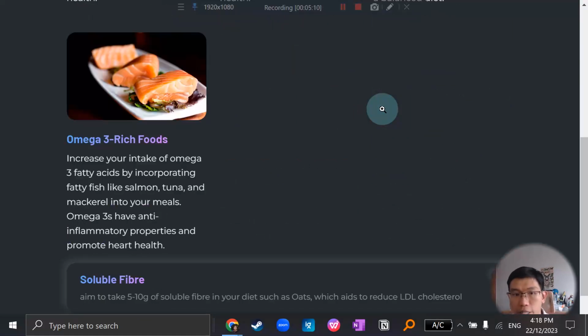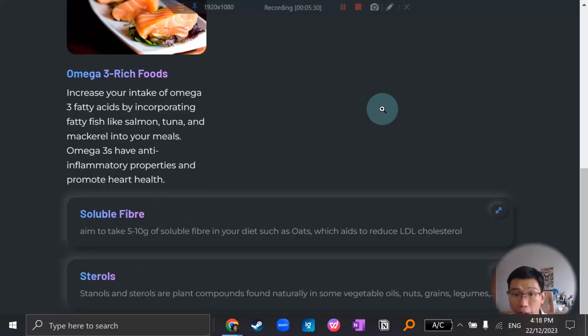Omega-3 rich foods help to improve cholesterol levels, such as salmon, tuna, and mackerel, which have anti-inflammatory properties and promote heart health. Soluble fiber helps to bind cholesterol and bring it out of our digestive tract.